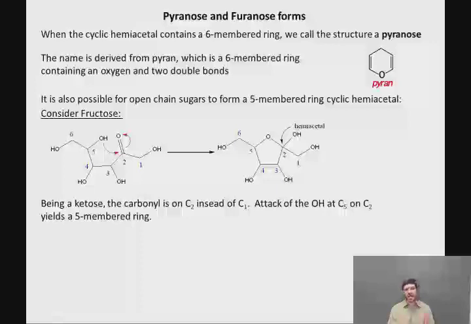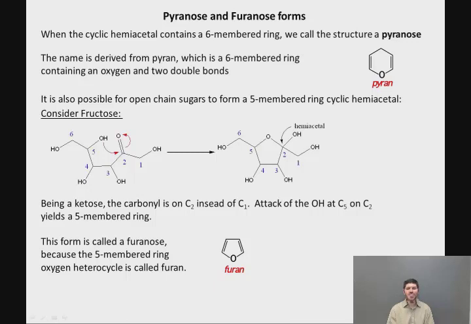The hemiacetal carbon is now carbon 2 instead of carbon 1. There is a CH2OH coming off of carbon 2, as well as a CH2OH coming off of carbon 5. So this form is called a furanose because the 5-membered ring oxygen heterocycle with an oxygen and two double bonds is called a furan.